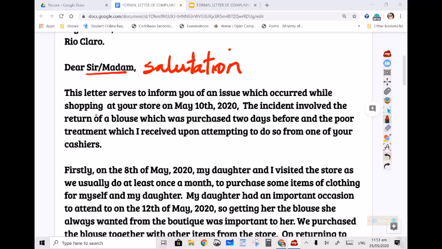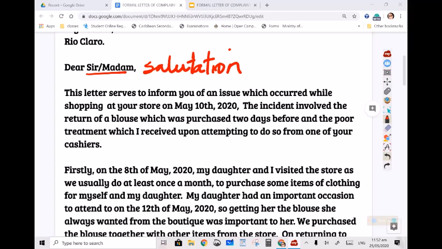Right? Your first paragraph should be brief, and it should be in a formal tone. The entire letter should be in a formal tone. This letter serves to inform you of an issue which occurred while shopping at your store on May 10, 2020. The incident involved the return of a blouse which was purchased 2 days before and the poor treatment which I received upon attempting to do so from one of your cashiers.